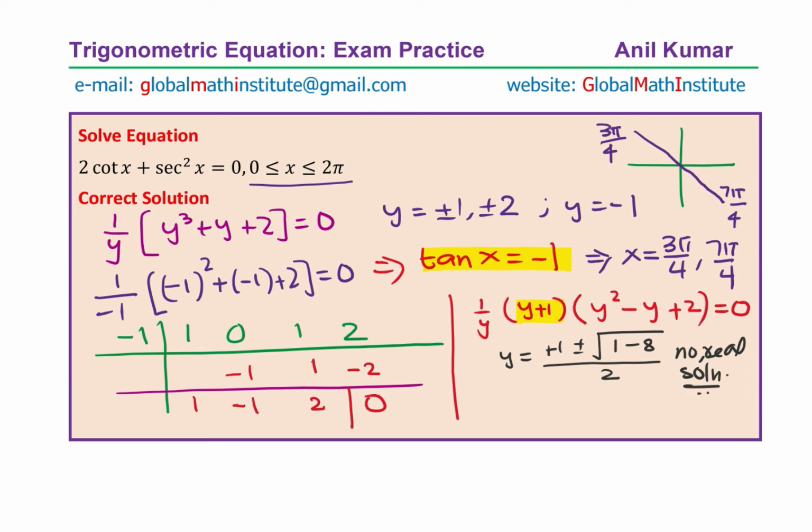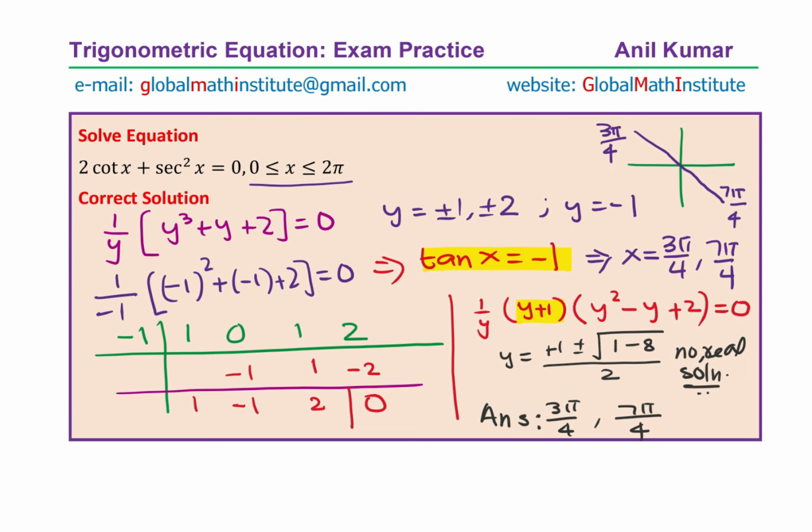So the other factor does not really give us a real solution. So we have only one solution for tan x equals minus 1, and the two answers will be, as shown here, 3 pi by 4 and 7 pi by 4, right?